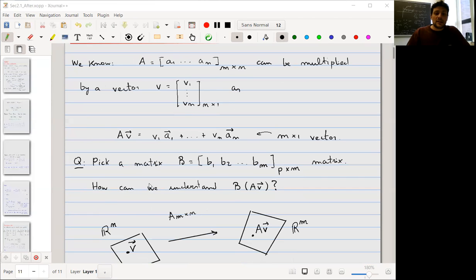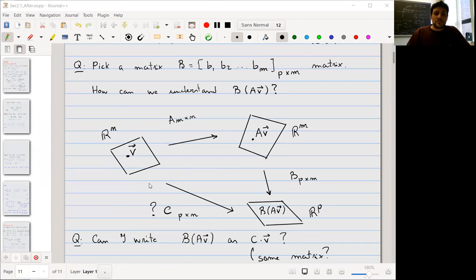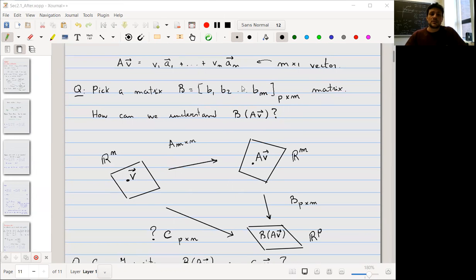Now, let's think about the following question. Suppose I have another matrix B of size p times m. Then I can definitely apply B to the vector A times V that I just got. How can we understand what happens when I multiply B by the vector AV?